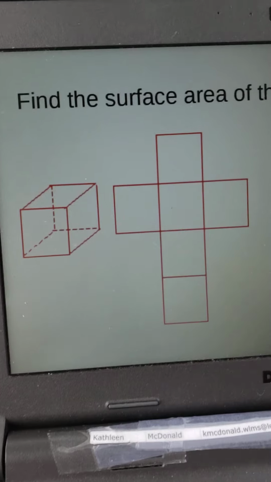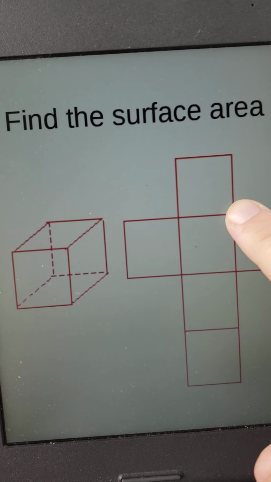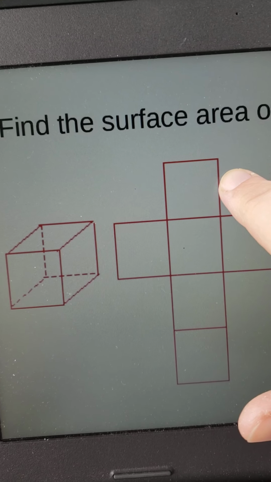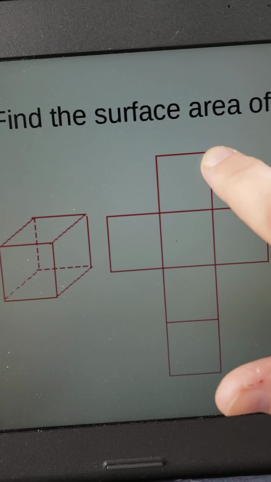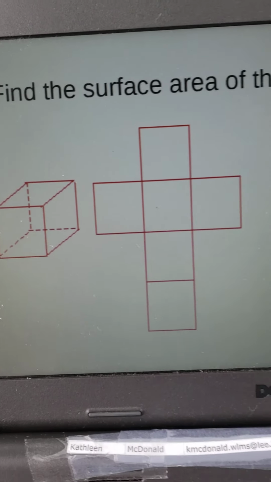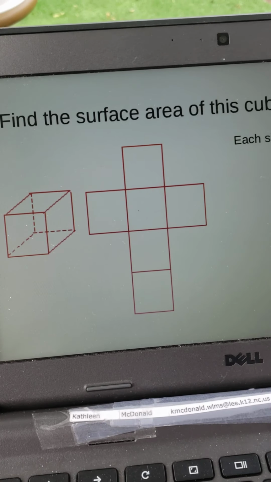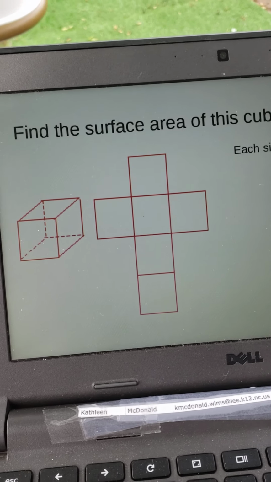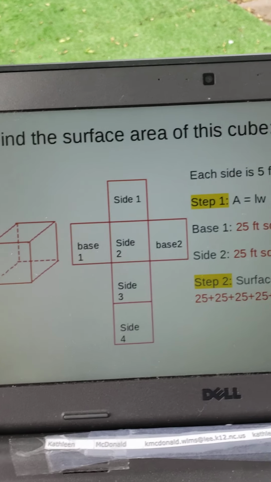So if we do, let's say this one square, we know if it's 5 feet on this side, it's a square, so it's going to be 5 times 5. So each one of these will be 25 square feet. So I'm going to have to do 25 times 5, and that should give me the surface area of the whole cube.